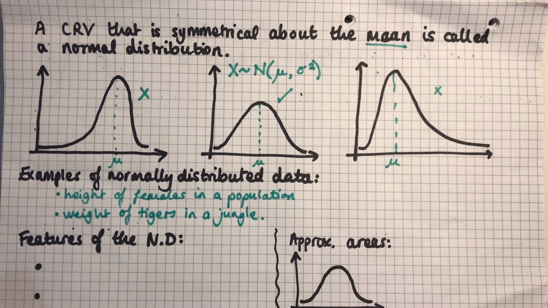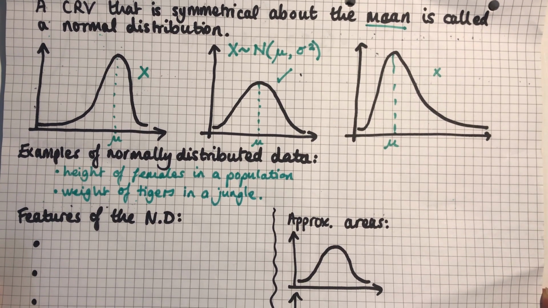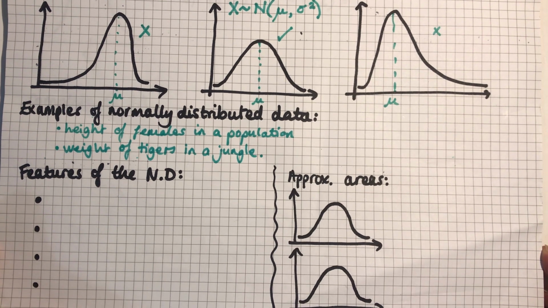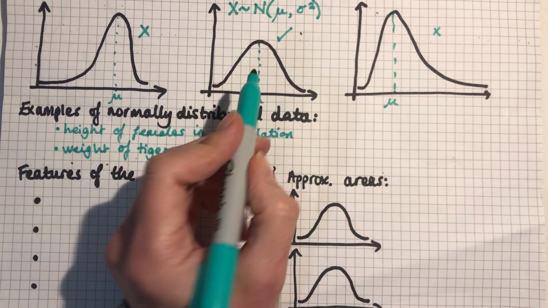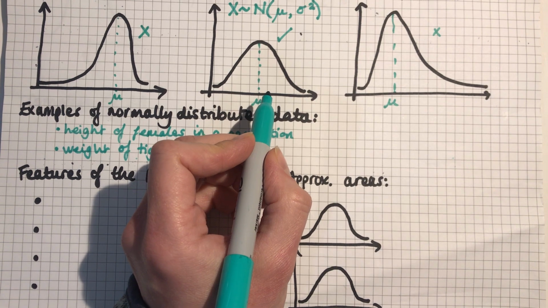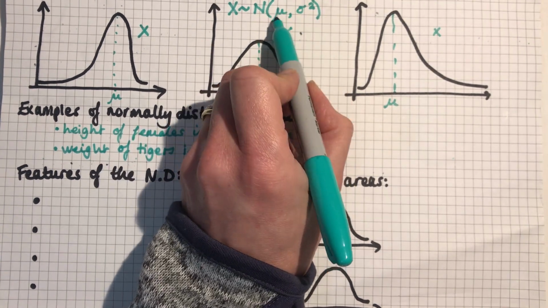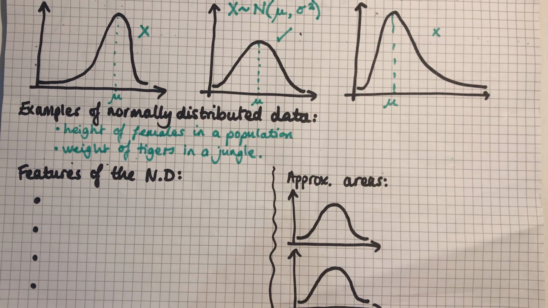Now, the normal distribution has certain features that we need to be aware of. I've already said that it's symmetrical about the mean. I've mentioned the parameters, mu and sigma squared, so the population mean and the population variance.